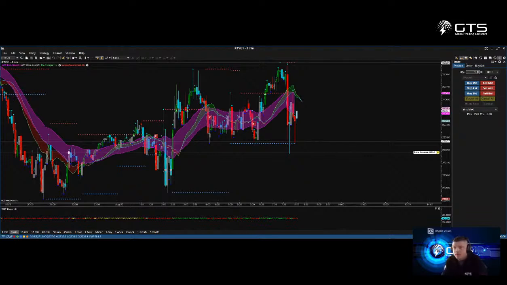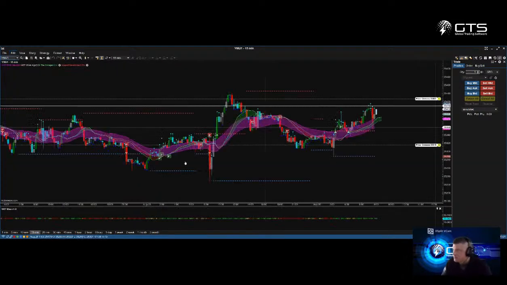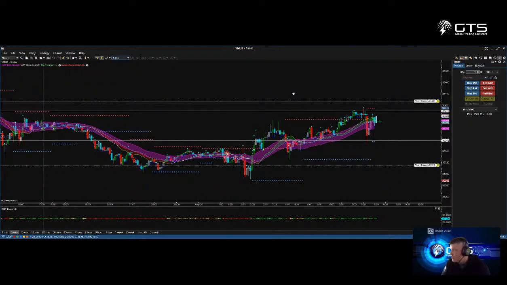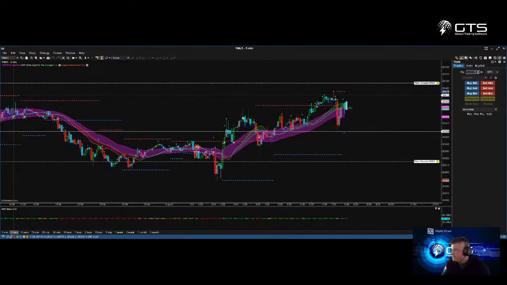So far, everything's holding up really nicely. Let's see here. YM. Slide over here. Looking like we might get the upwards movement on the YM right here. If we can get a sell or buy signal, that'd definitely be something I'm interested in. 4-star down here on the 1 minute.